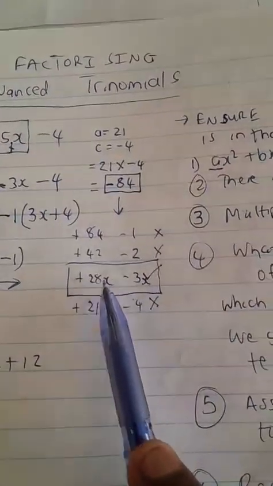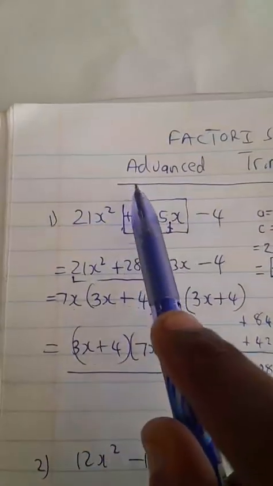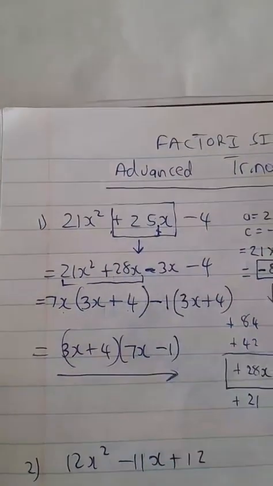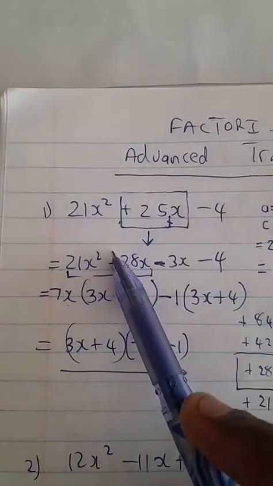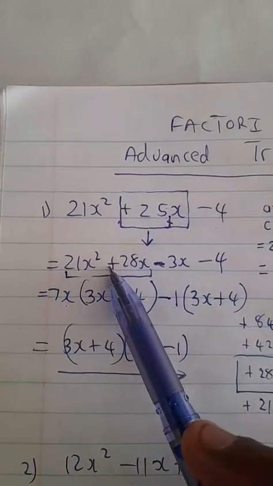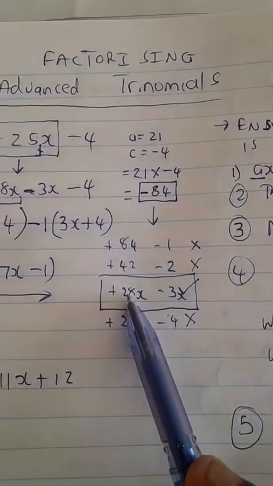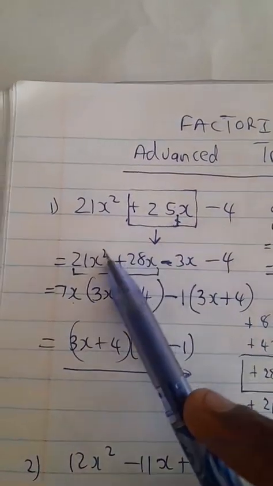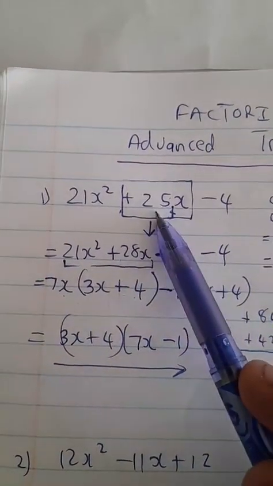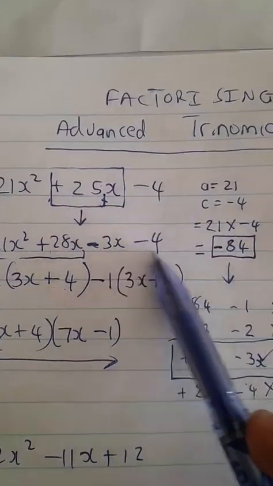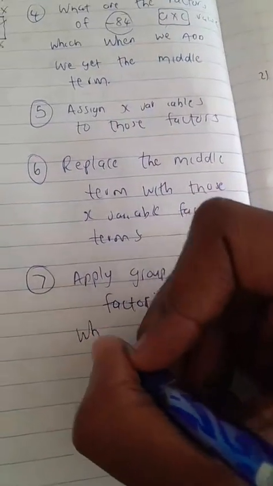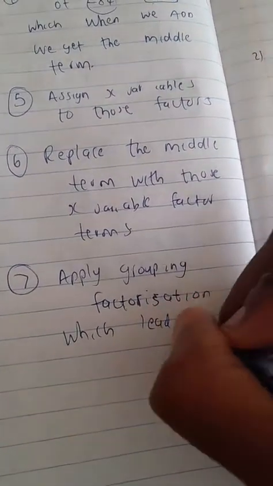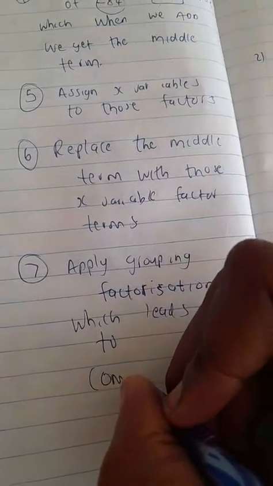So 28x minus 3x: goodbye 25x, go away. I put in your place 21x squared, there it is. In the place of 25x, I'm now placing plus 28x minus 3x, because the addition of this gives me 25x. And then the last term is negative 4. Then last step, apply grouping factorization, which leads to a common bracket.